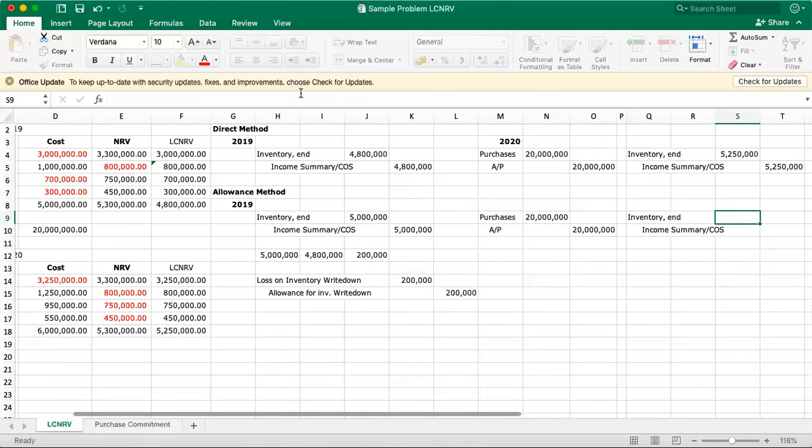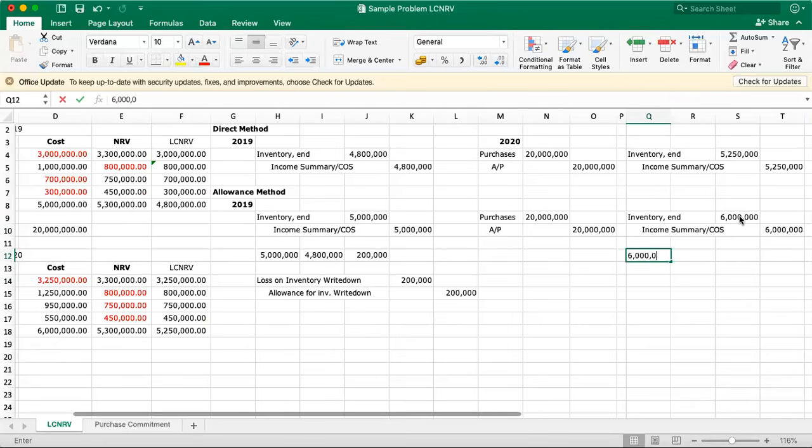Okay, so inventory end at cost, that's 6 million, and then credit 6 million. So this time, if we compare, naay loss on inventory write-down. Okay, so you have cost of 6 million versus the LCNRV of 5,250,000.